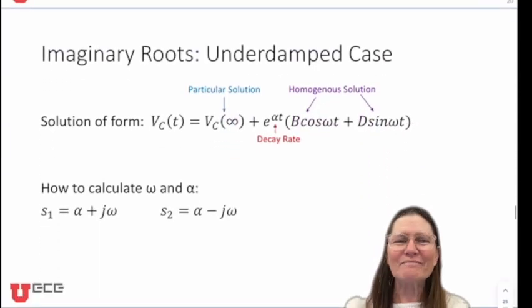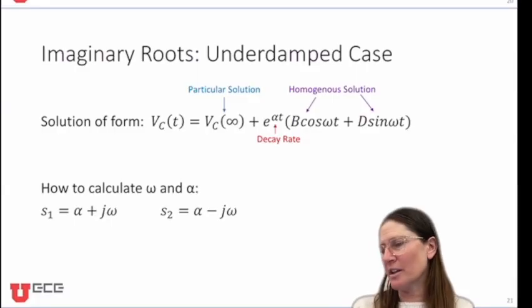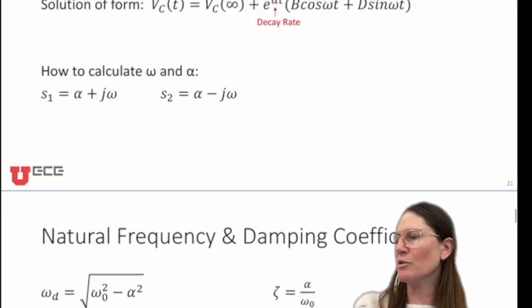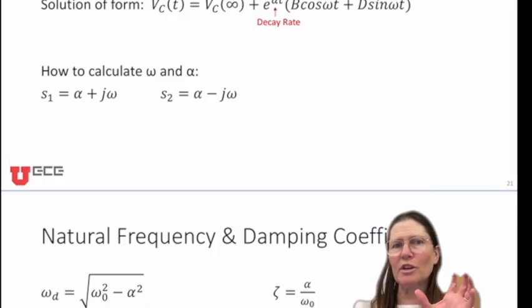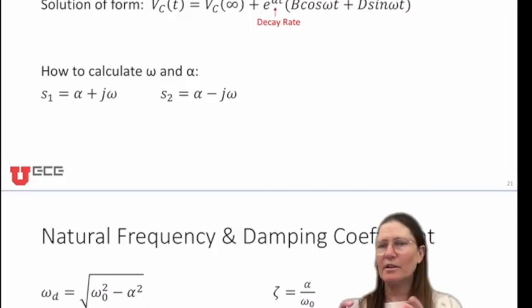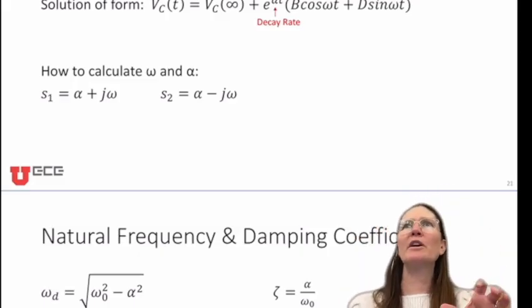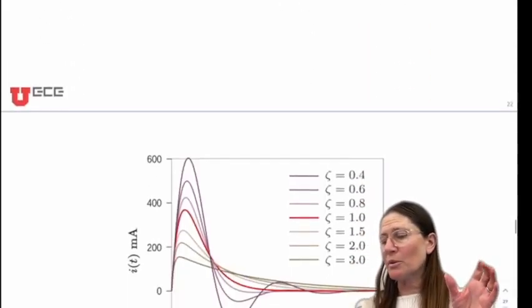All right, so for the underdamped case, again, you're going to find alpha and omega naught and compare the two to discover if it's underdamped, overdamped, or critically damped. And then from there, you're going to use the table.